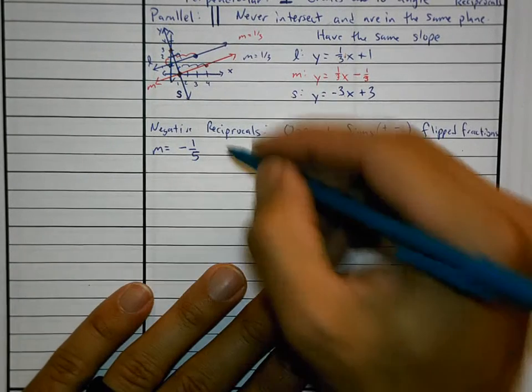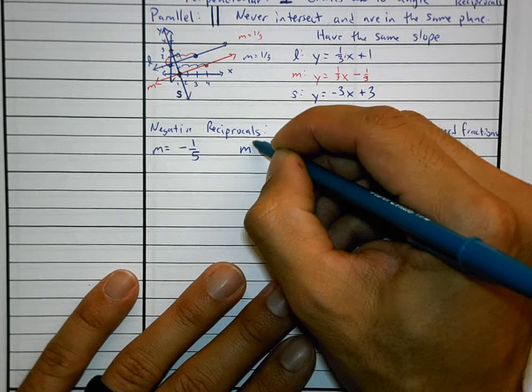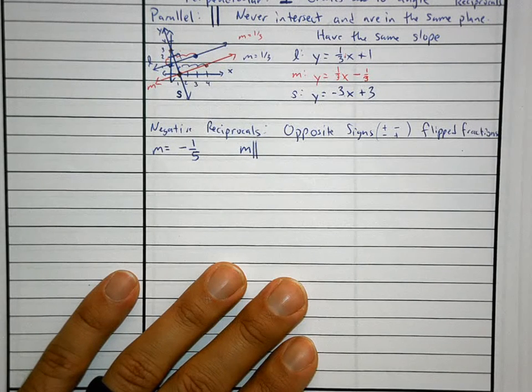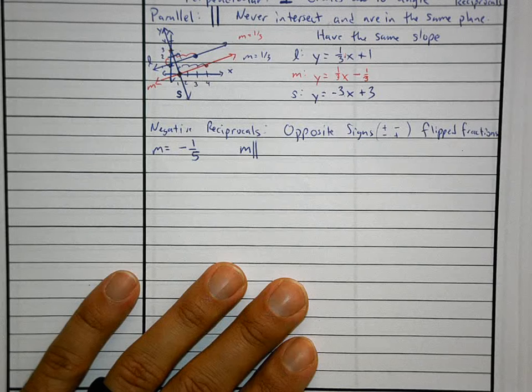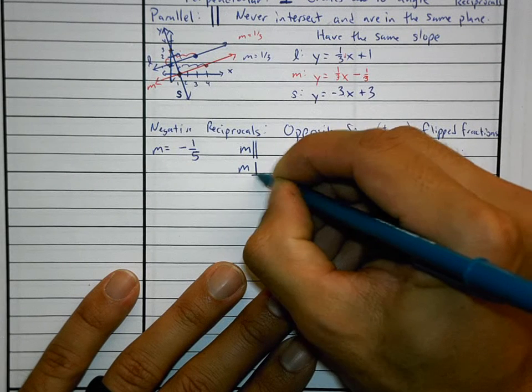And I want you to figure out the slope of a parallel line. That's why I'm writing the parallel symbol for you. And I want you to find the slope of a perpendicular line.